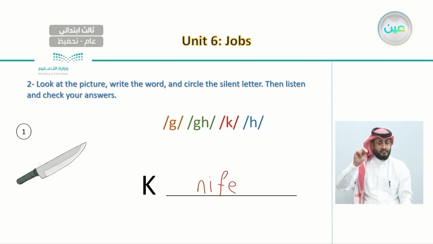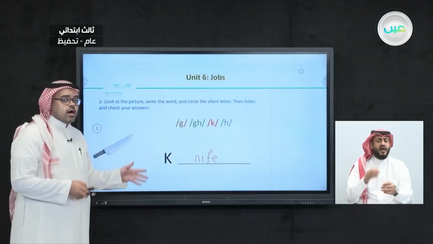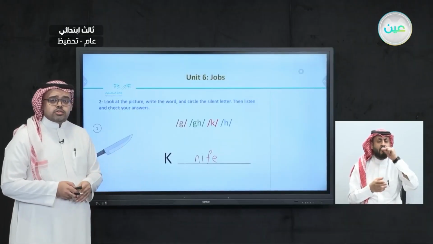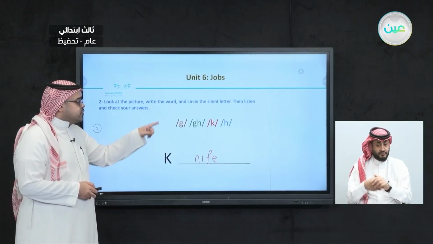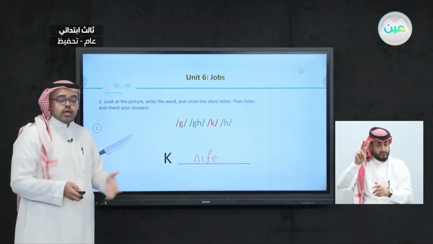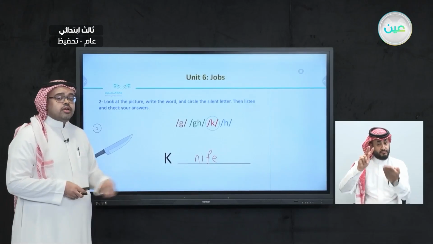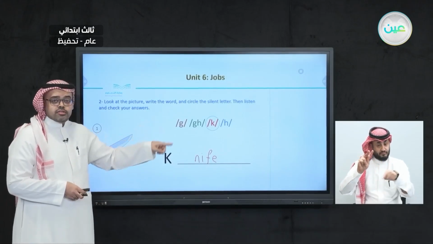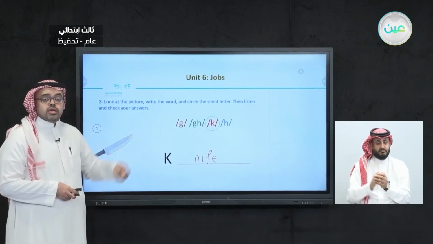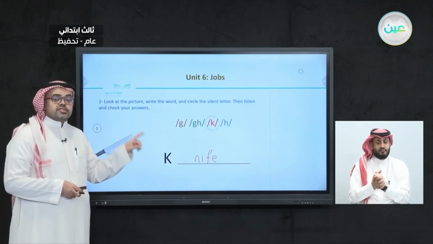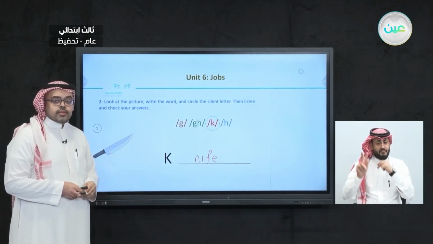Knife. Very good. So when we say this is knife, what do you think the silent letter is? Is it G, GH, K, or H? Excellent. The silent letter here is K. Circle this letter. This is the silent letter.